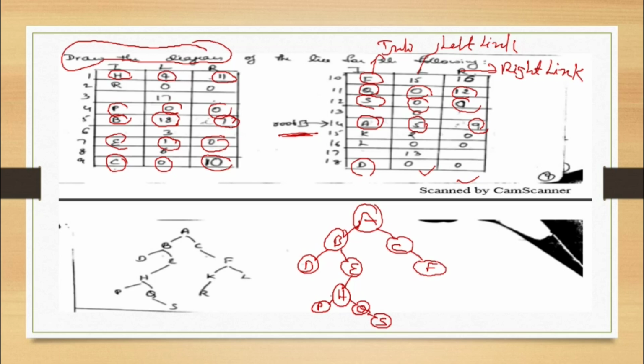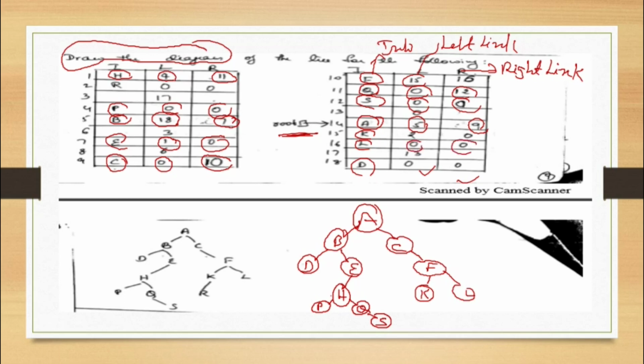So what is F? F has a left and right child, in the 15th and 16th location. In the 15th location you have K, which is in the same level as H, remember. Then it has an L, which is the right child. L doesn't have a left and right child, so that ends there.